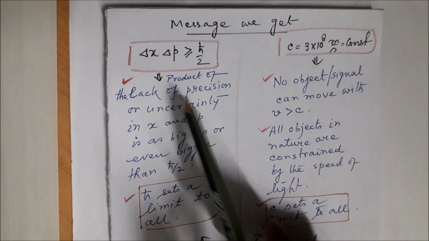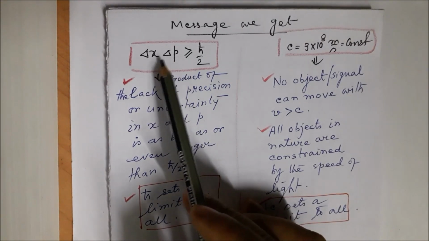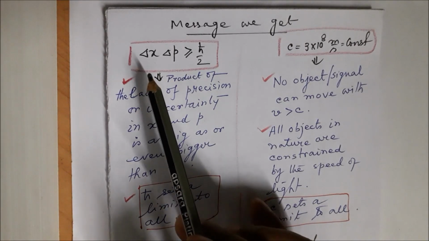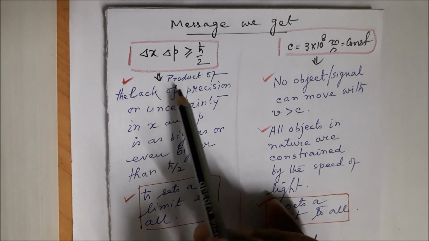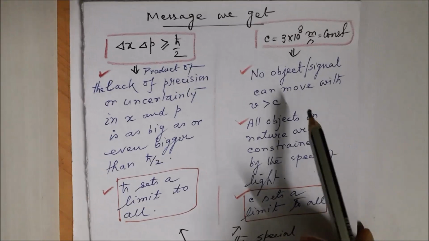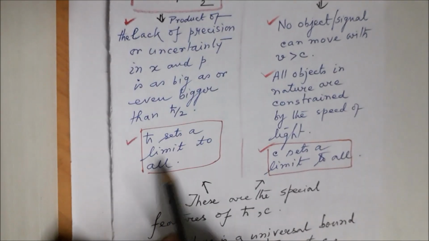So the uncertainties in x and in p cannot be arbitrary. If one is infinitely precise, the other one becomes infinitely uncertain. So it is clear that this h cross sets a limit to all.